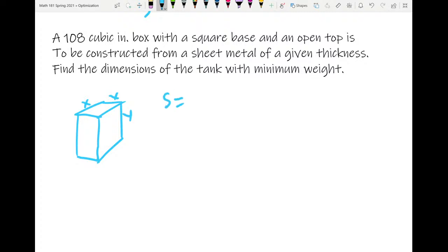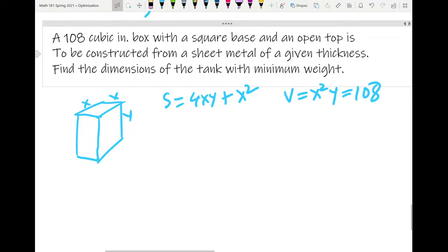So the surface area would be 4xy, because we have 4 sides, plus the top and the bottom, which is x squared. And the volume would be, in this case, x squared times y, and that is 108. So find the dimensions of the tank with the minimum weight.